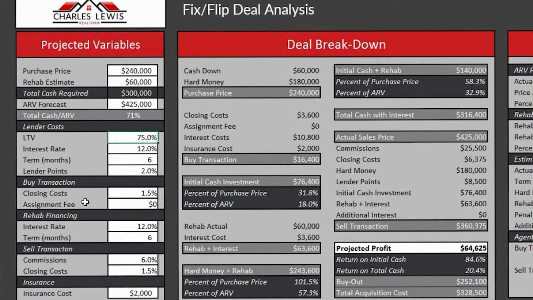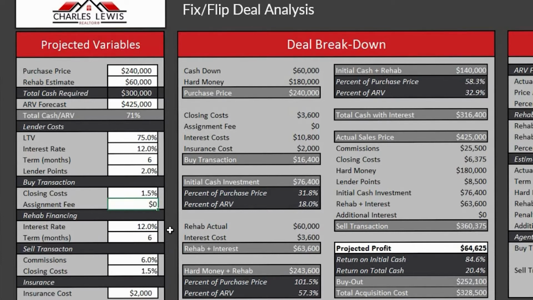I'm going to estimate closing costs at 1.5%, and then the assignment fee is typically if we have a wholesaler and we have to pay them for the contract. In this case, we're zero out there. Now, the other cost, this is going to affect the purchase price of the house. The other cost you have is your actual rehab. And in this case, we're going to use the same lender.